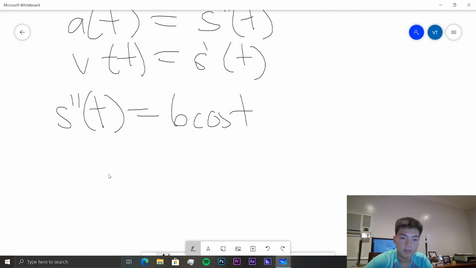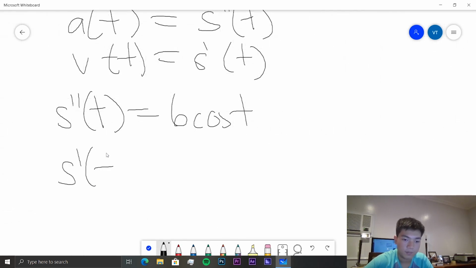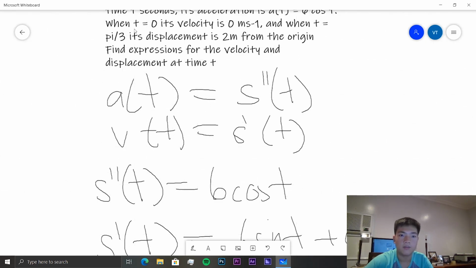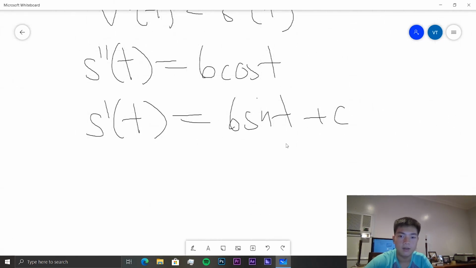So if we integrate this, the first derivative should be equal to 6 sine t plus c. And we know this is the velocity, so when t is 0, its velocity is 0. So at this point, c should equal 0. So the velocity function should look like 6 sine t.